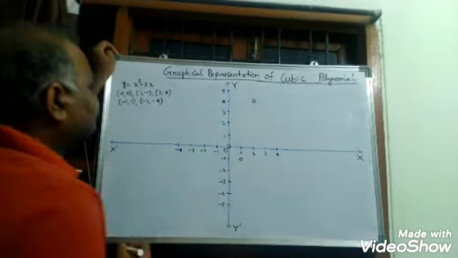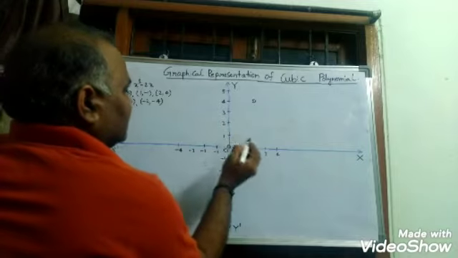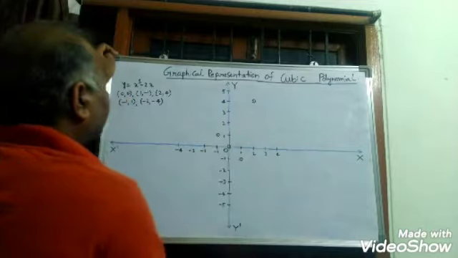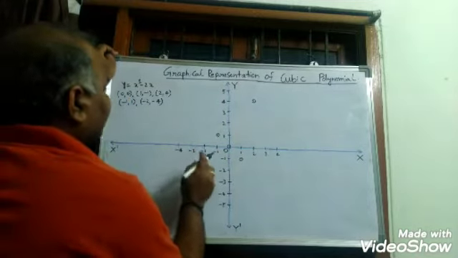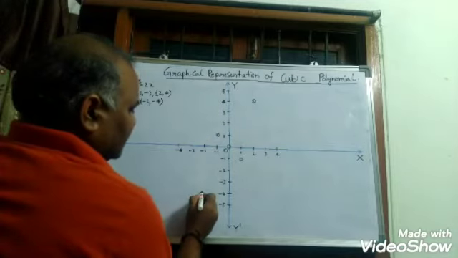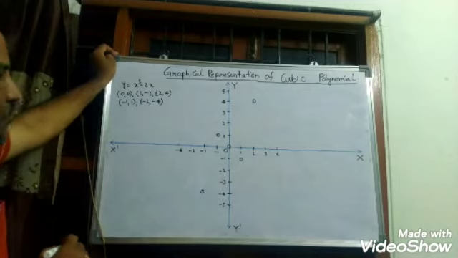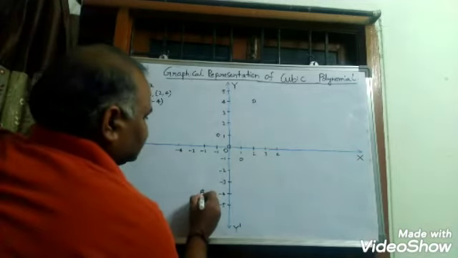Minus 1 comma 1 here. Next minus 2 comma minus 4 can be here. So we can draw the graph like this.